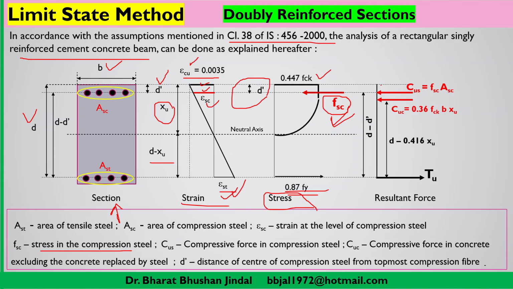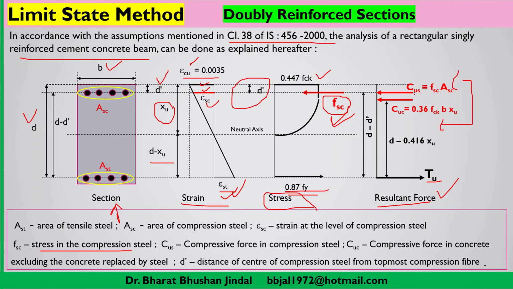Now we have to understand this diagram more effectively and more carefully, that is the resultant force. At the level of steel, if we start from the bottom, Tu is the force in the tensile reinforcement at ultimate limit state. Now here you have to understand these two values.